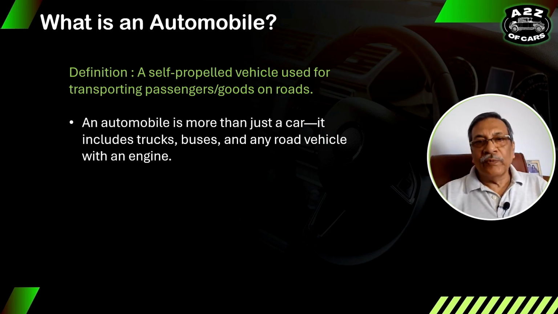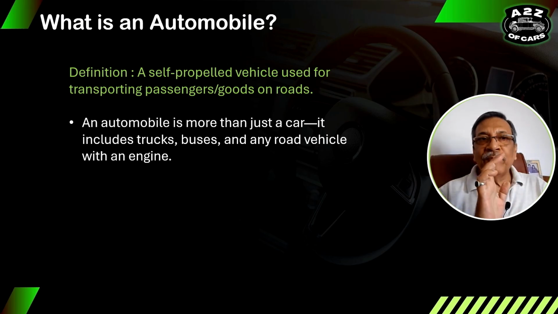So what is an automobile? The definition says a self-propelled vehicle. Self-propelled: nobody pushing it or doing anything. A self-propelled vehicle used for transporting passengers or goods on road.